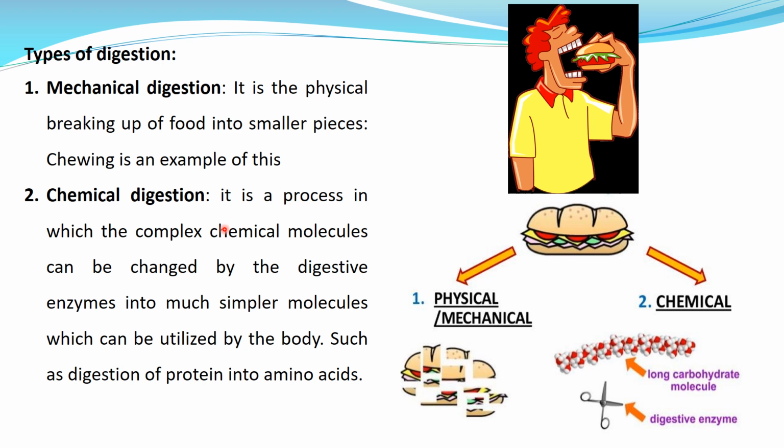During this process, large molecules such as polypeptides, proteins, and carbohydrates can be broken down or chopped into simpler subunits or molecules such as amino acids and monosaccharides and so on. So these two processes are the most common.